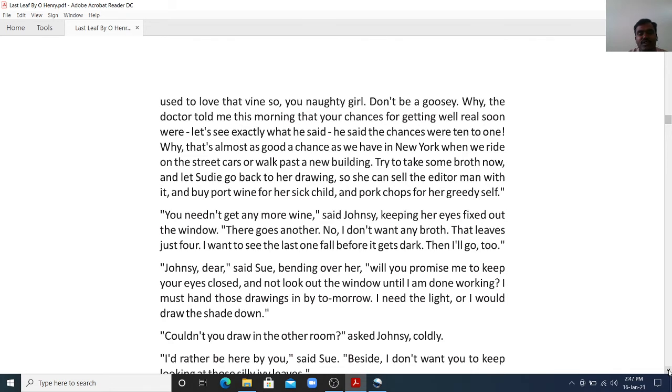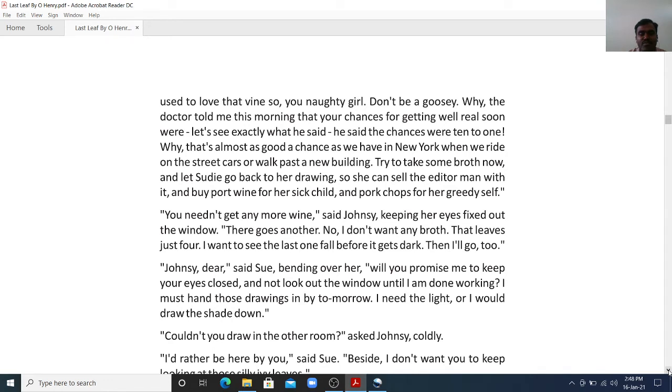Sue is really worried and concerned. How come Jhansi had turned like this? Jhansi dear, said Sue, bending over her, will you promise me to keep your eyes closed and not look out the window until I am done working? Now Sue has to do something, so she has taken the promise from Jhansi not to look through the window until she finishes her drawing.